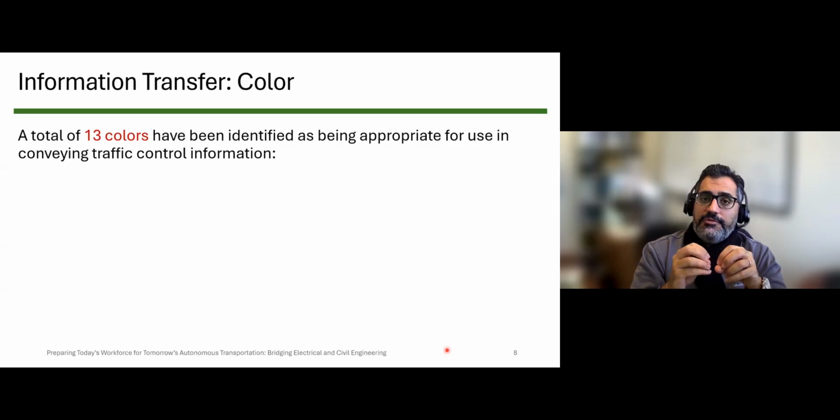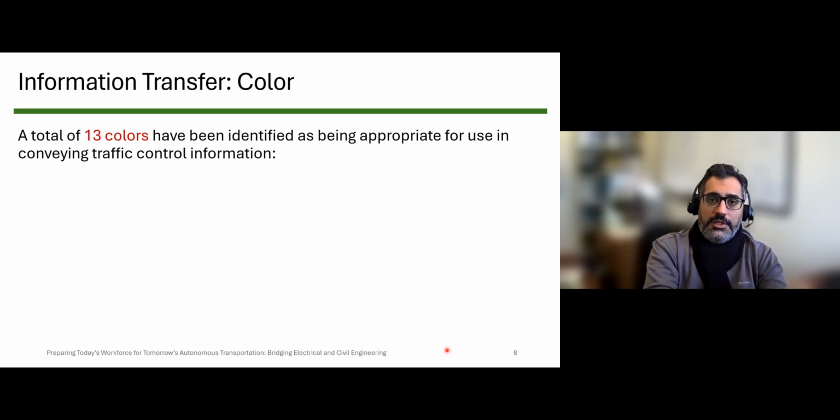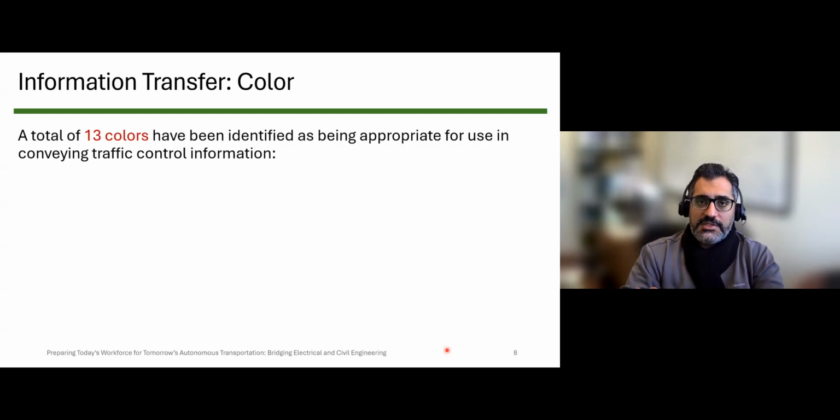11 of them have an assigned responsibility, assigned information, and two of them are reserved for future. So what are these 13 colors and what are the 11 assigned?